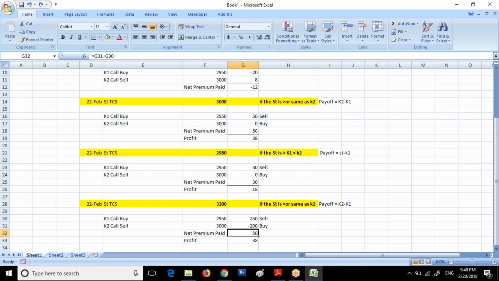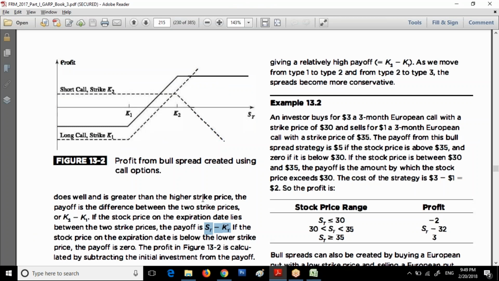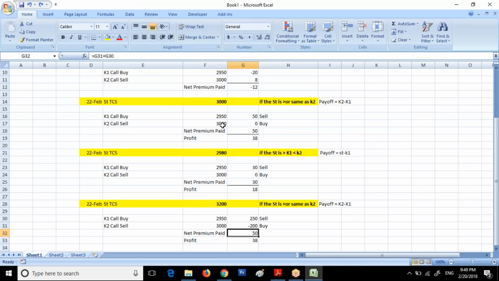So in case the price is higher than K2, the higher strike price, which is 3,000, the payoff will always be the difference K2 minus K1. If it is in between, the payoff is the spot price on the date of expiry minus K1, and if it is higher, then it is always K2 minus K1.